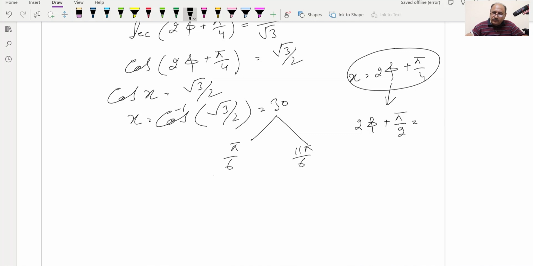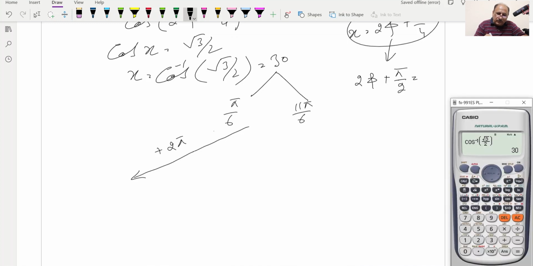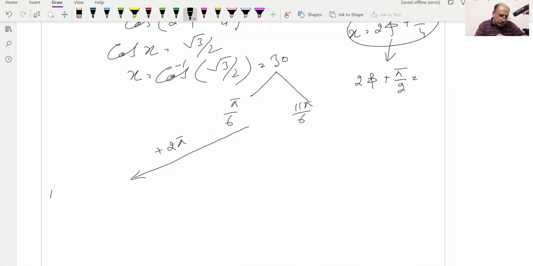What we can do first, we can add 2 pi and subtract 2 pi in this one. So if we add 2 pi, what will be the situation? 2 pi plus pi by 6. So we can write here 2 plus 1 over 6, and this will be equal to 13 by 6 pi.